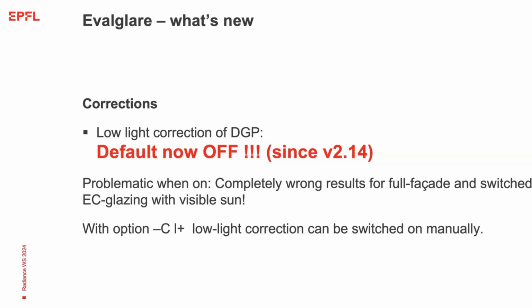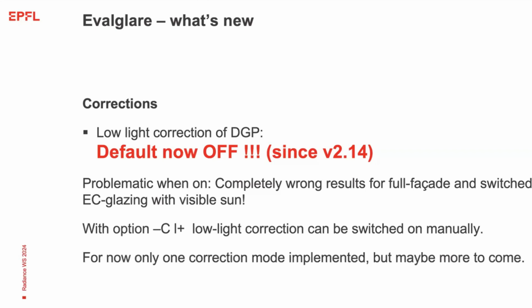I've implemented, let's say, a way to add later on also other correction functions with a -C, and then in that case it's low light plus means low light correction on, or -CL- would turn it off. So it can be turned on manually also with this. For now, this is the only correction function, but it enables in future to add more if it's needed.